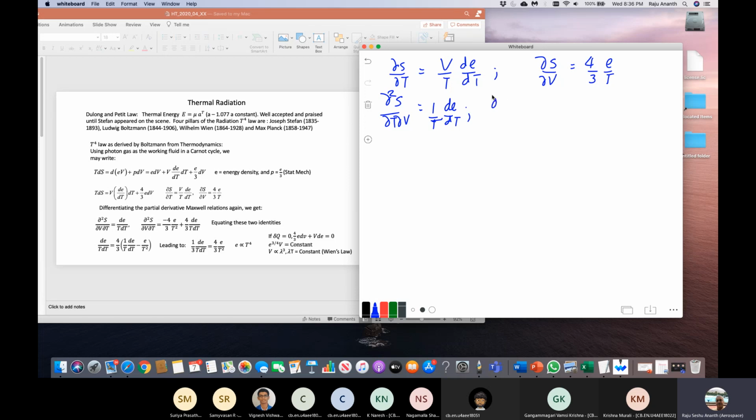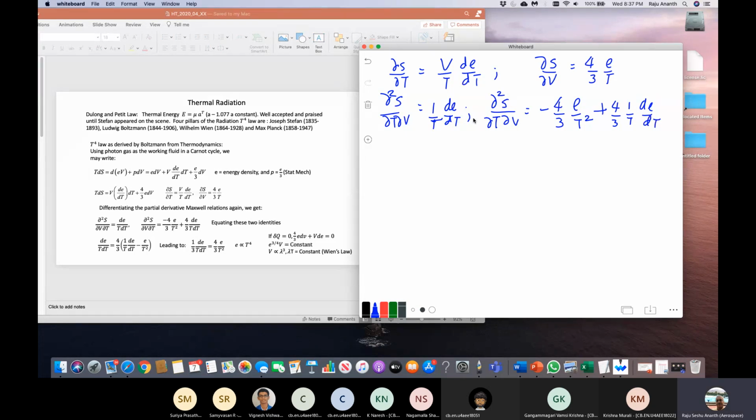So suppose this is the second identity. If I take the derivative with respect to T, then what happens? Minus 4 over 3 E over T squared. That's one term, isn't it? That'll be there. Plus, I am trying to take with respect to E, so 4 over 3, 1 over T dE/dT.